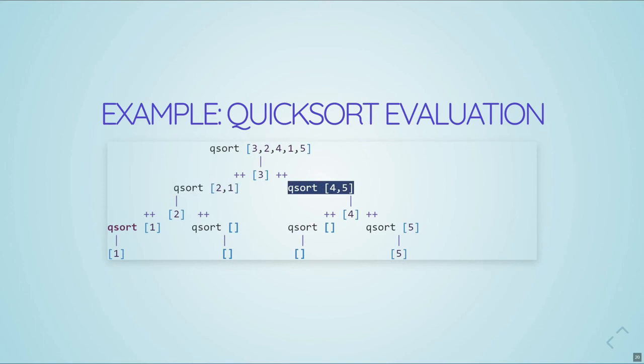If we go down this side, it takes the first element from that and does the exact same thing, breaking it into two other lists. By this point, they're at the singleton and empty list, so they just return what they have.